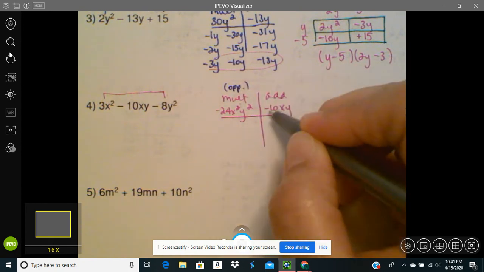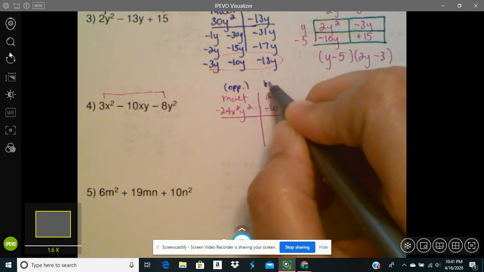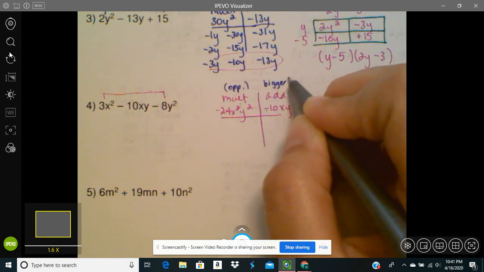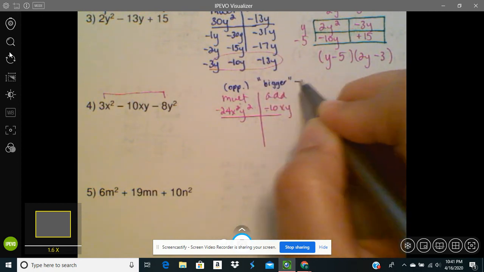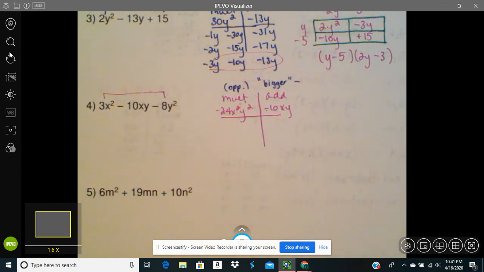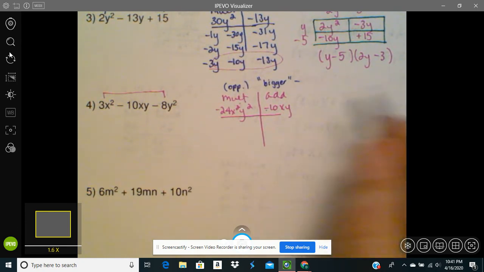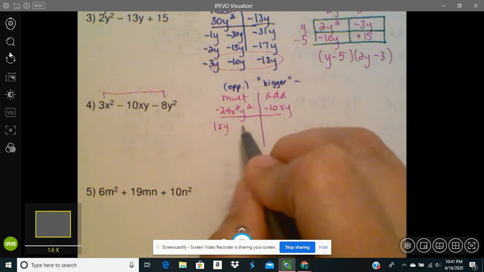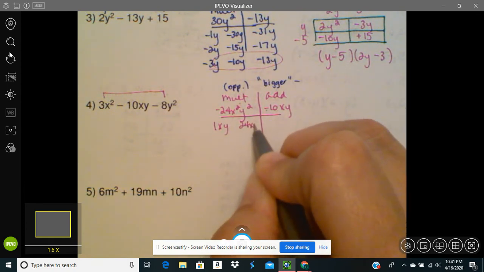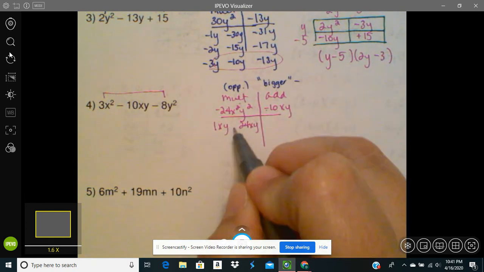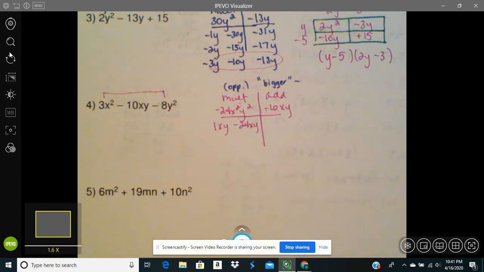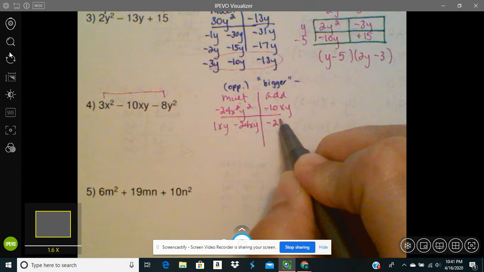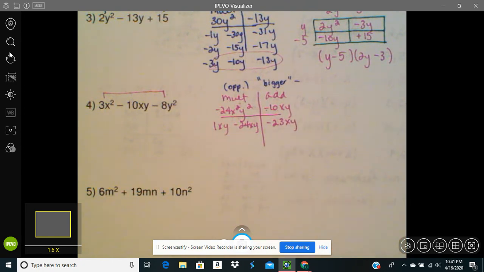And this tells me that the bigger number is negative. All right, so let me start putting together my opposite signs. I've got 1xy and I've got negative 24xy. Dude, I almost messed that up. When we add these, we get negative 23xy.